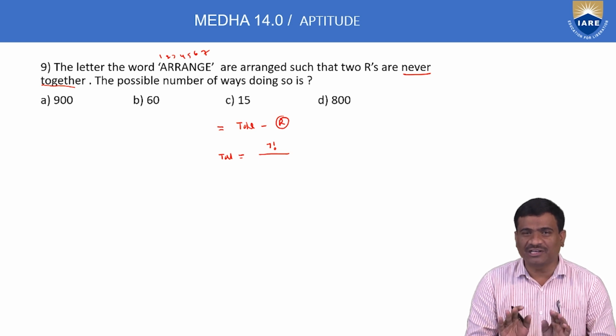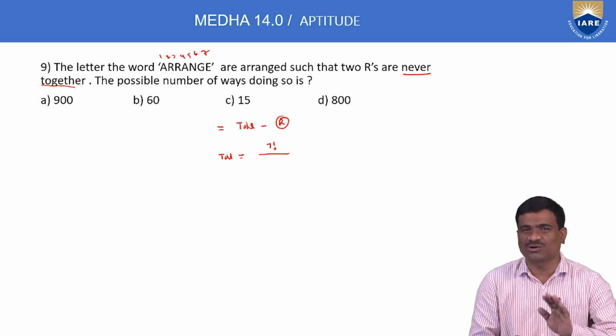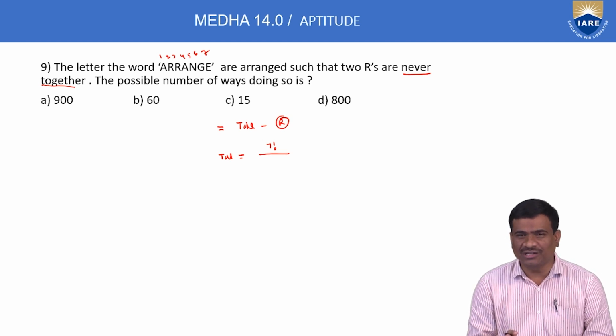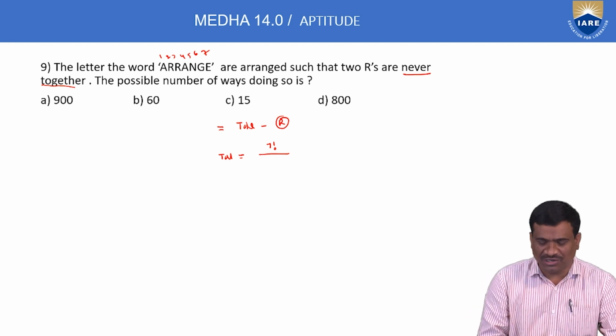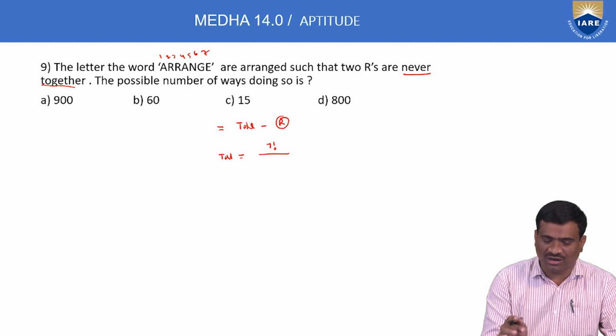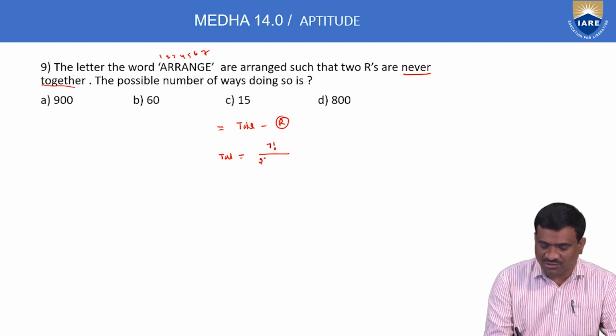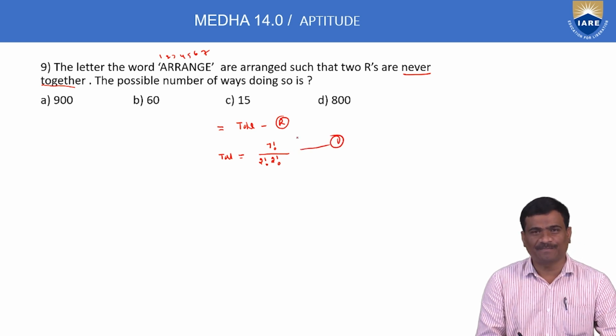Logic: permutation is nothing but repetitions are allowed, combination is repetitions are not allowed. Denominator: A 2 times, 2 factorial, R 2 times, 2 factorial. This is called equation number 1.